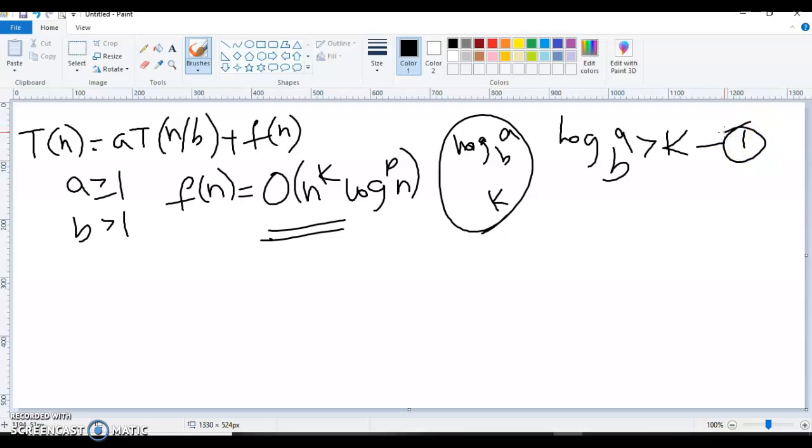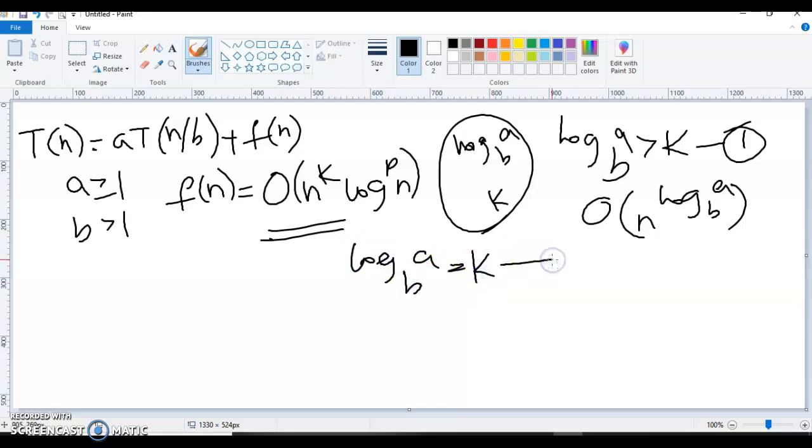So when log a base b is greater than k, we have the general solution as big O of n to the power log a base b. This is case 1.